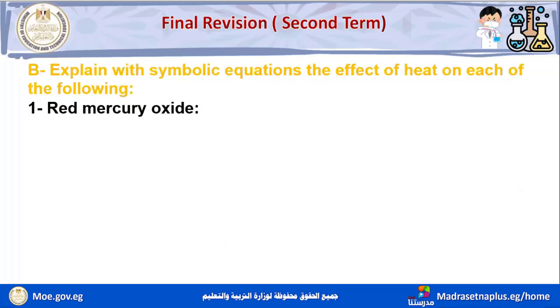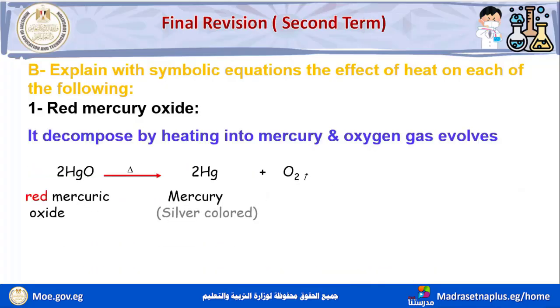Letter B, explain with symbolic equations the effect of heat on each of the following. Number 1, red mercury oxide. It decomposes by heating into mercury and oxygen gas evolves. 2HgO, red mercury oxide, by heating produces 2Hg, mercury, silver color, plus O2, oxygen gas evolves.